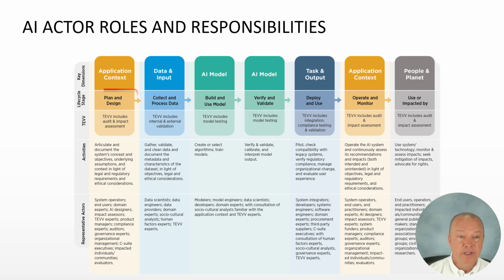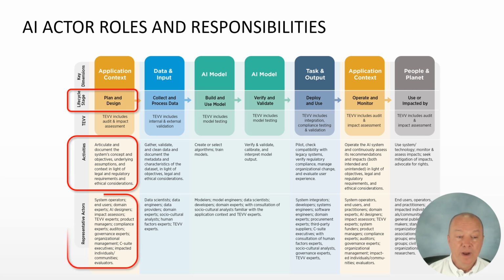So as we look at this, we can see in the plan and design phase, we will have certain activities where we articulate and document the system's concept and objectives, underlying assumptions, and context in light of legal, regulatory requirements, and ethical considerations that will then need to be performed by representative actors that I've talked about in previous slides. Our system operators, end users, domain experts, AI designers, and so on.